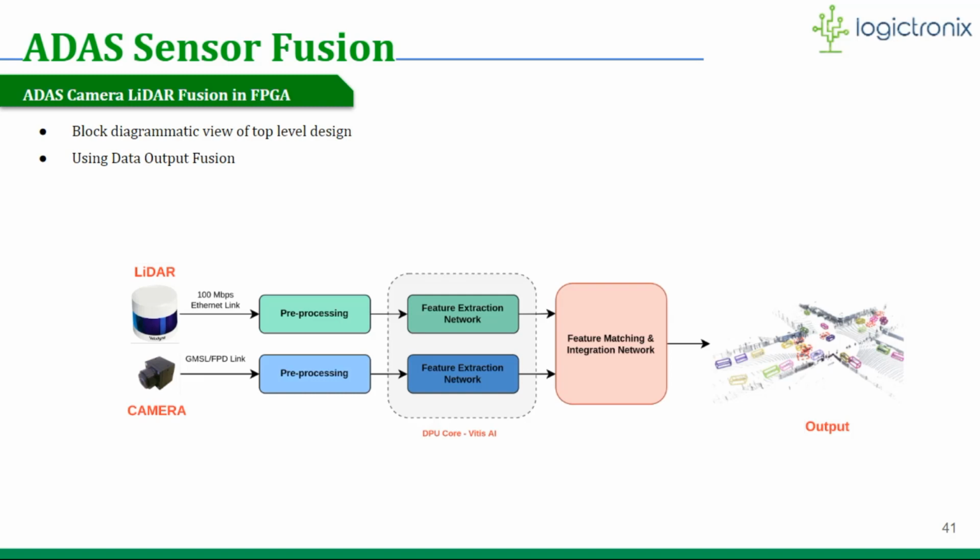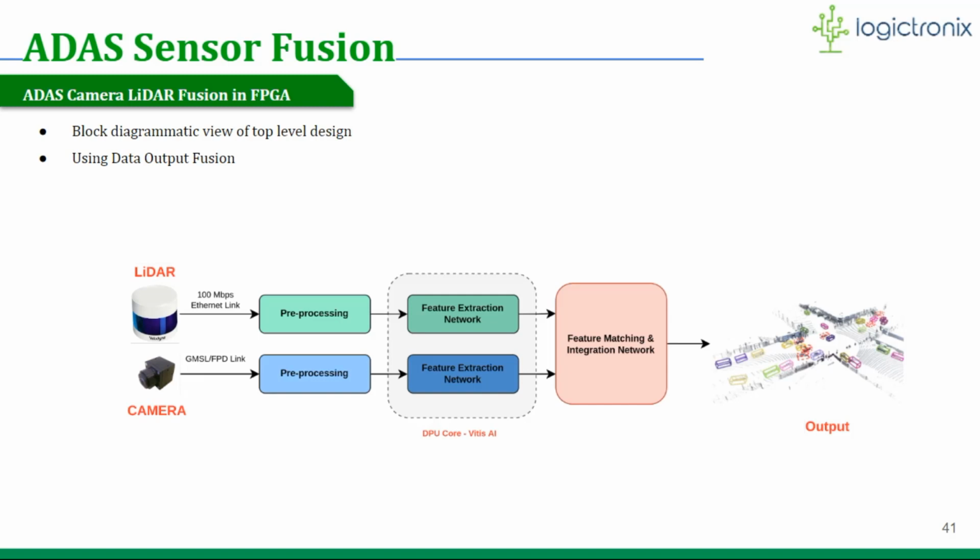processing in its pre-processing block. The compression is also done here for reducing the data volume to avoid the bottleneck effect. The point pillar network is used to convert 3D projection into 2D form. And for the feature extraction network, a DPU core along with Vitis AI will be used.